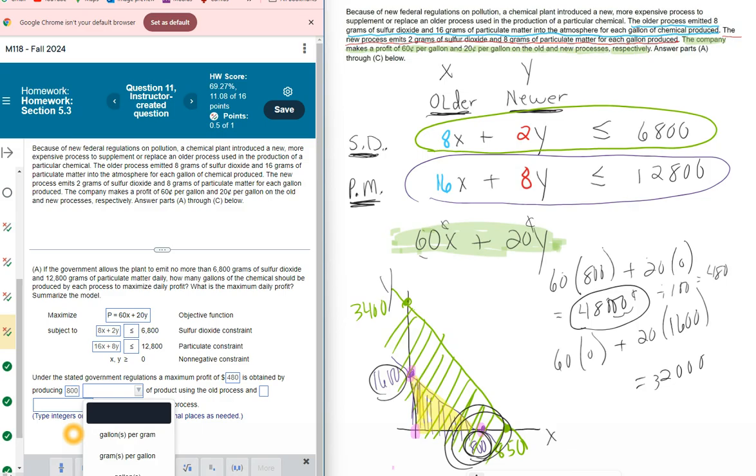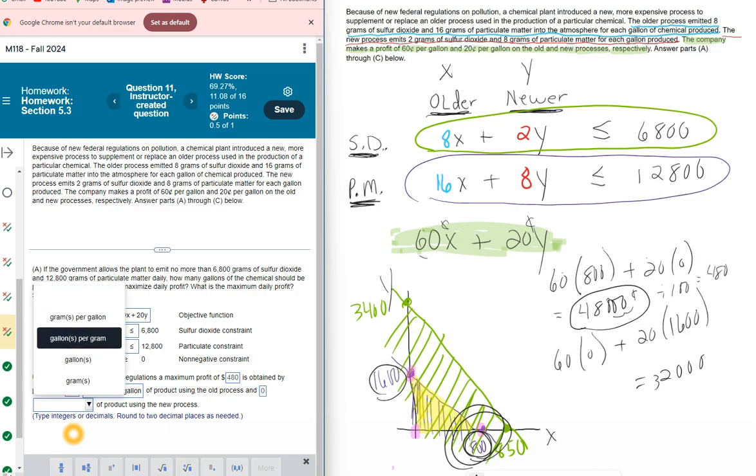This was looking for my units. I hope that this might cut off on me, and if it does, I'll have to do a second video, because it only allows me 10 minutes. We've got grams and for each gallon, so grams per gallon. And this is 0. That's the other coordinate. Grams per gallon. And check answer real quick.